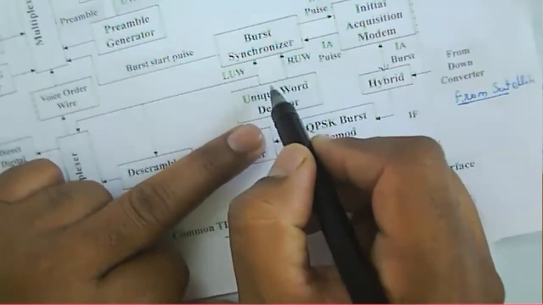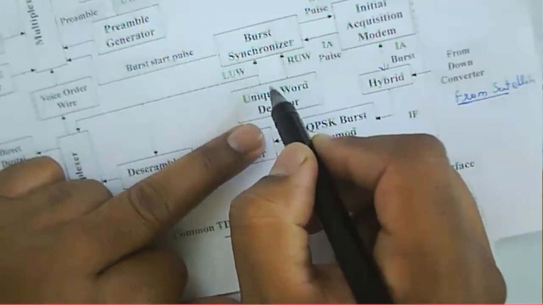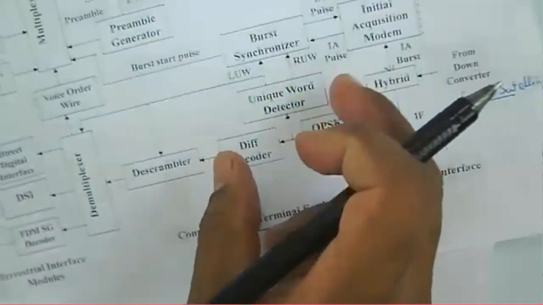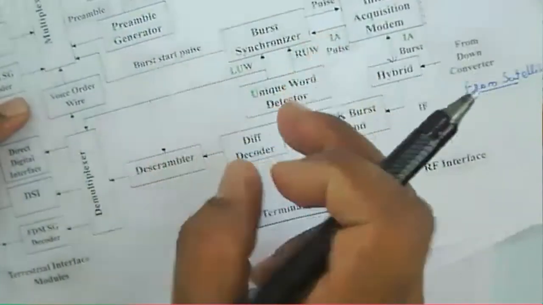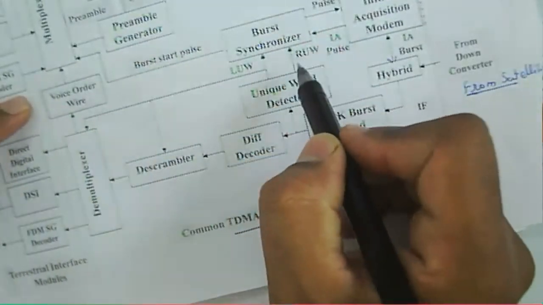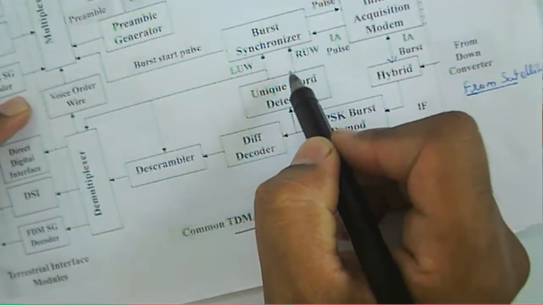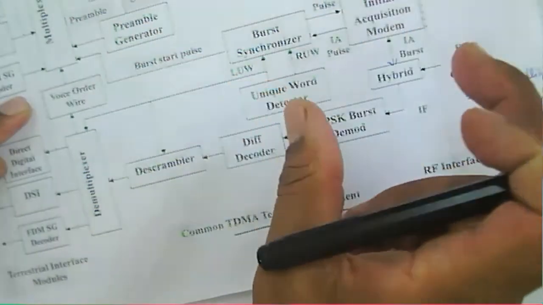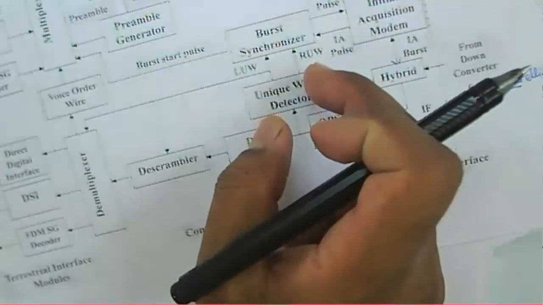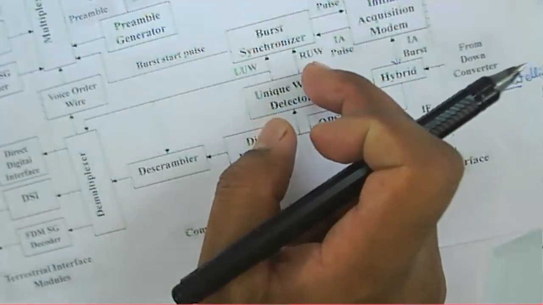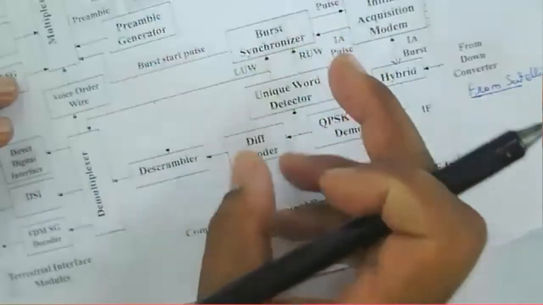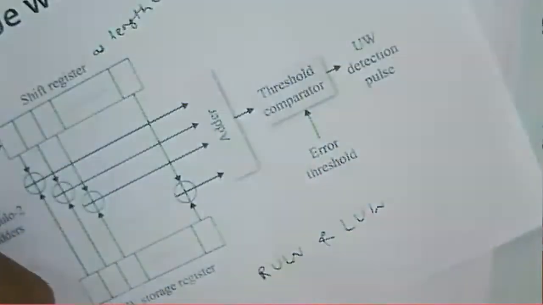In the RUW detector, the aperture is kept wide open until the first RUW pulse is detected. And once that RUW is detected, then it will allow the RUW pulse.